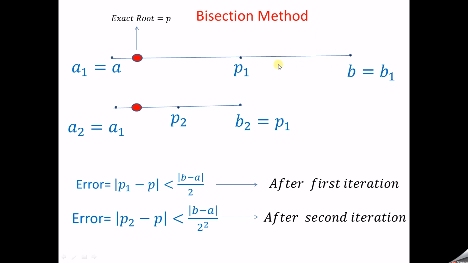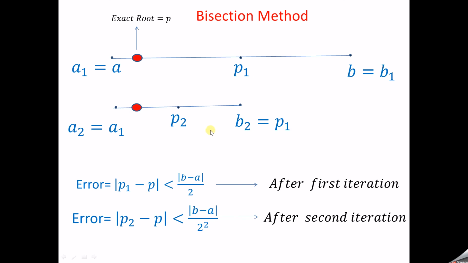Therefore, the difference between exact and approximation will be less than half of the total length. So the error is now B minus A over 2 because this is the midpoint. Now that is after the first iteration.